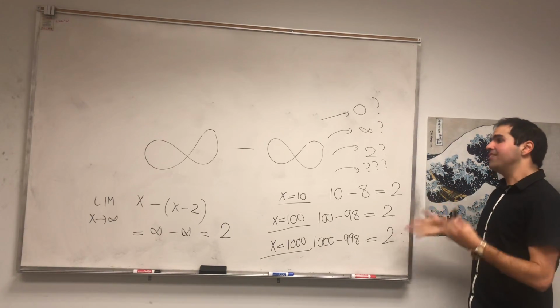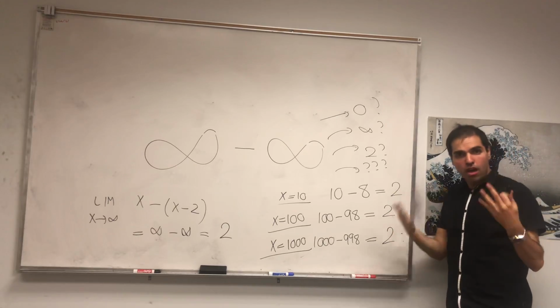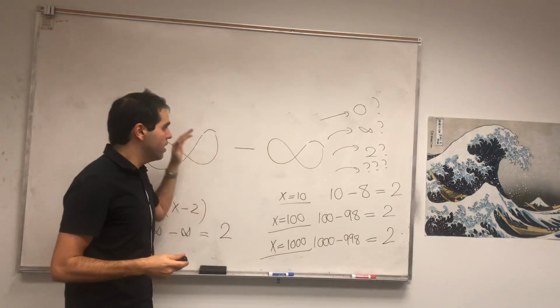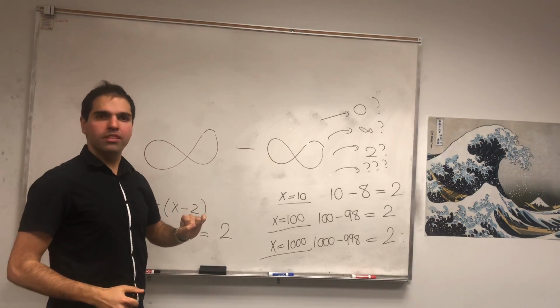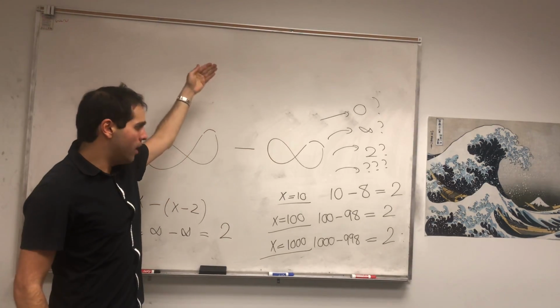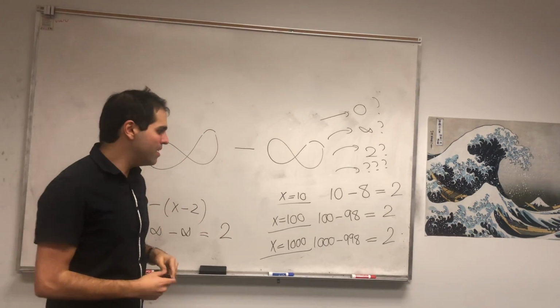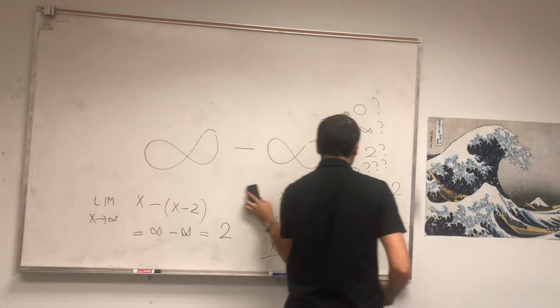And again, today's goal is not to go into the limit laws, but to really go over all the indeterminate forms and also illustrate, again, that there's a tug-of-war going on between those two quantities.